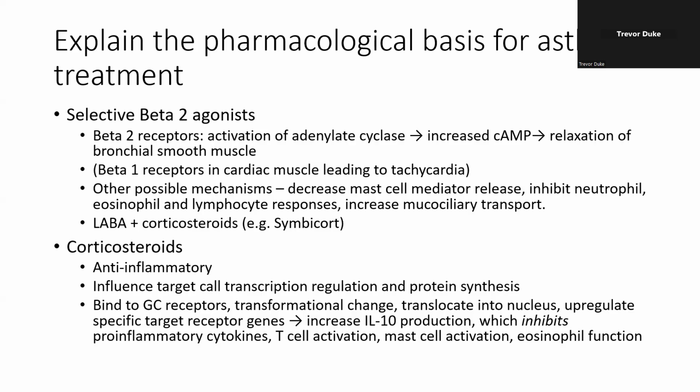Now, for the acute management of asthma, salbutamol or Ventolin is typically the drug used, but it's very short acting. For prevention of asthma, salbutamol is not a good treatment. It's good for the acute management, but it's not good for the prevention of asthma.